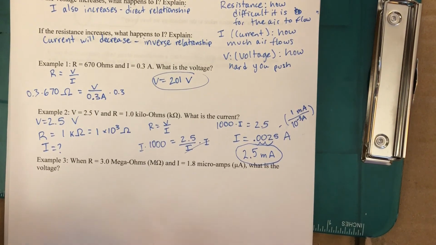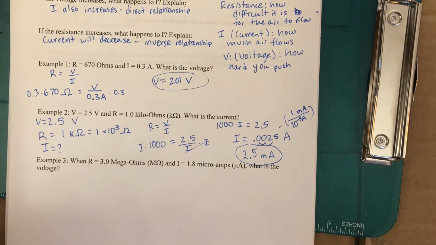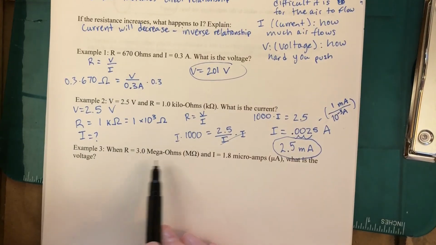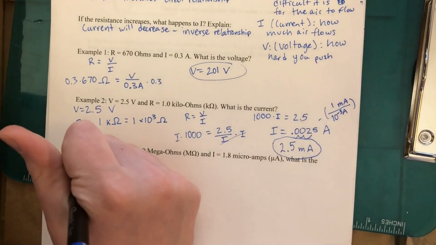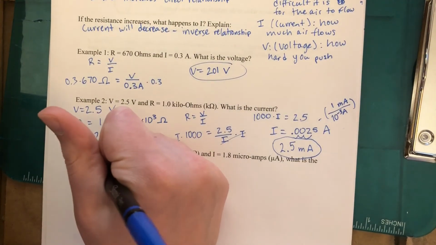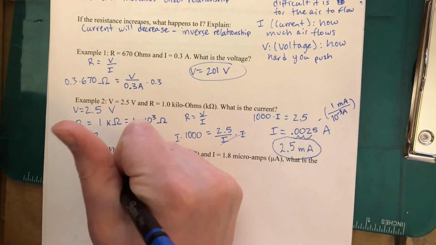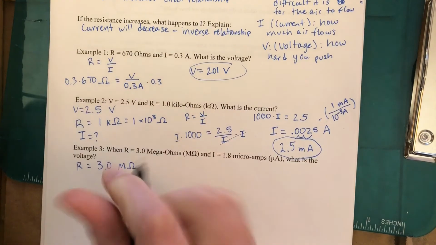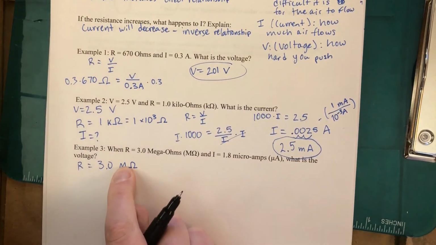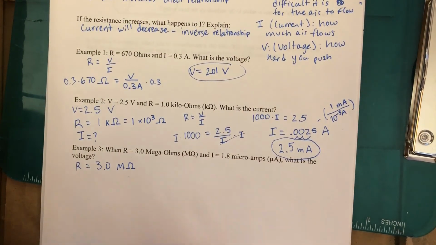Okay, there's one more. I'll walk through the unit conversions and then I will leave the actual problem for you guys to solve. When R equals 3 mega ohms, capital M is not the same thing as lowercase m. Capital M means 10 to the 6th.